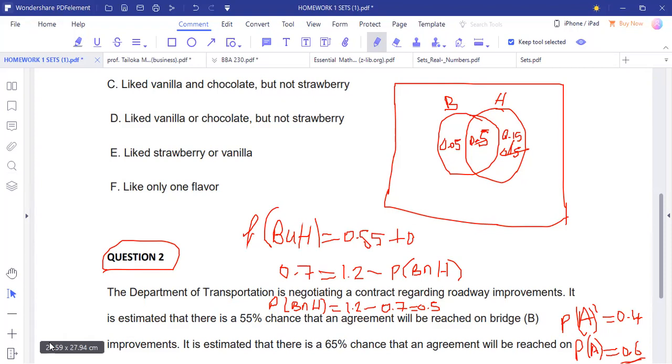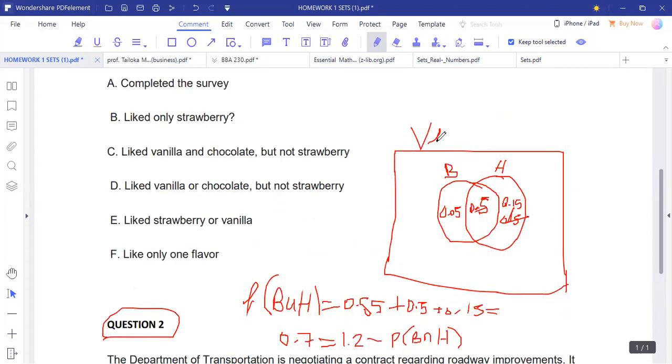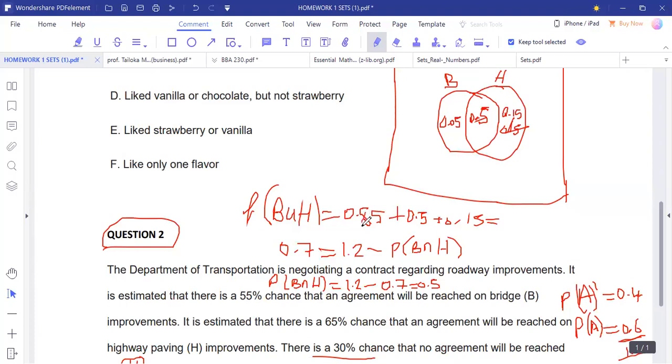So 0.55, then plus the 0.5, then plus the 0.15.